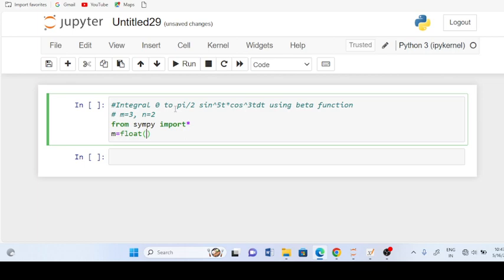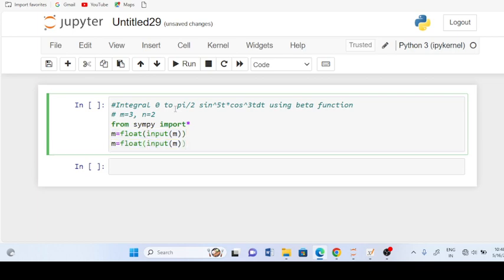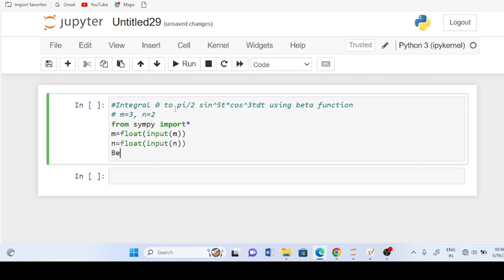So we give the input in single quotation, simply m, copy, paste, and replace m with n. Then beta is nothing but half of the values.